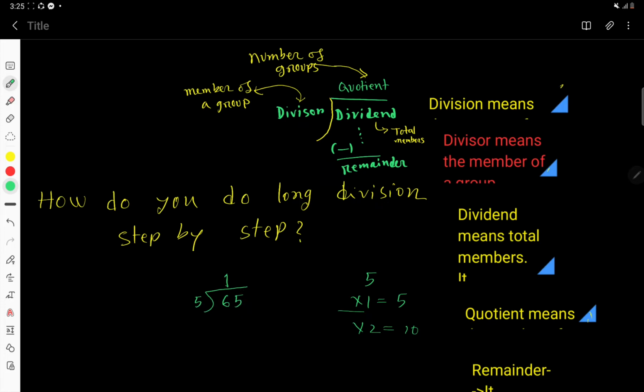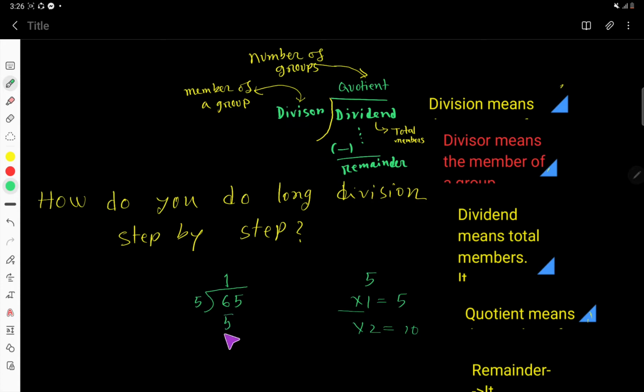Our first step is to divide, and we have already done that. The second step is to multiply. You multiply this quotient and divisor, that is 1 times 5, which gives us 5.